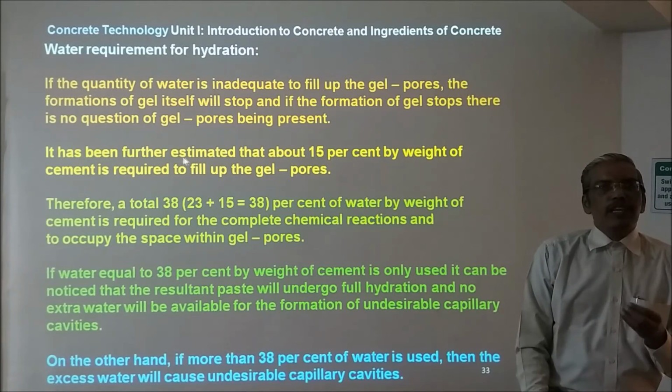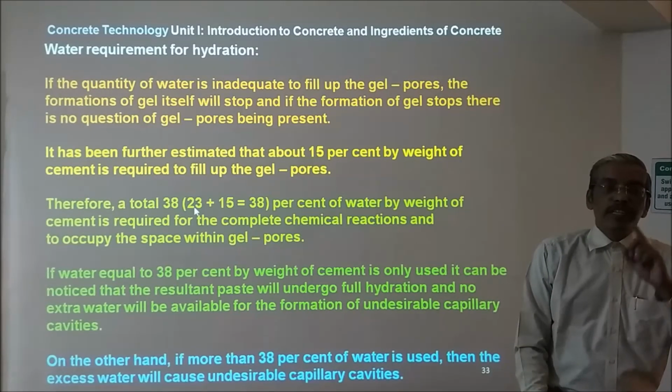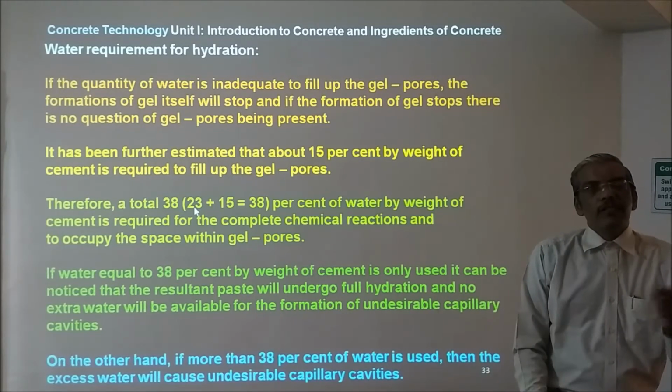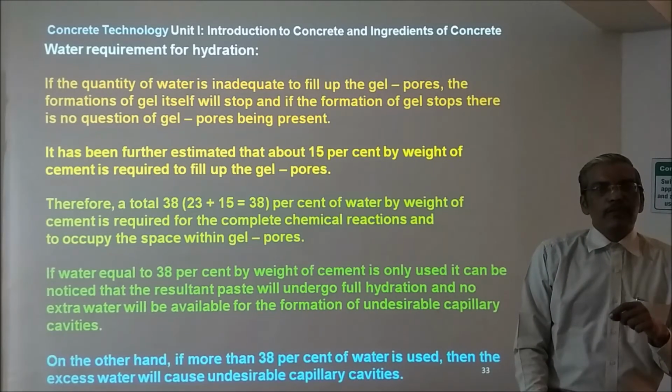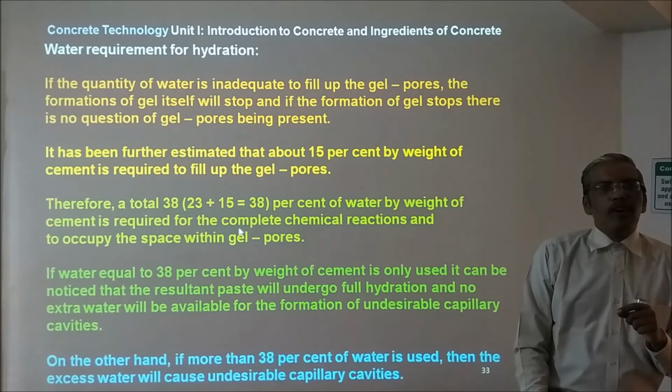It has been further estimated that about 15% by the weight of the cement is required to fill up the gel pores. Therefore, the total of 38%, that is 23% plus 15%, of water by the weight of the cement is required for the complete chemical reaction and to occupy the space within the gel pores.